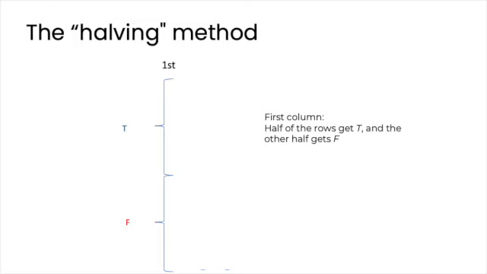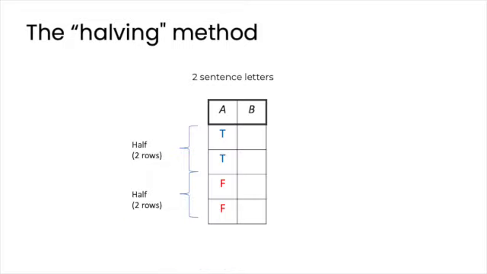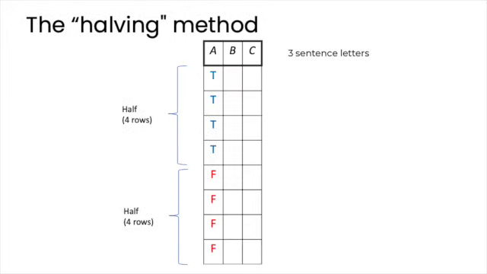We start with the leftmost column, and we assign T's to the top half of the rows and F's to the bottom half. So for instance, if you have 2 sentences, and therefore 4 rows, the top 2 rows will be assigned T's, and the bottom 2 will be assigned F's. If you have 3 sentences, and so 8 rows, the top 4 rows will be assigned T's, and the bottom 4 will be assigned F's. And so on.